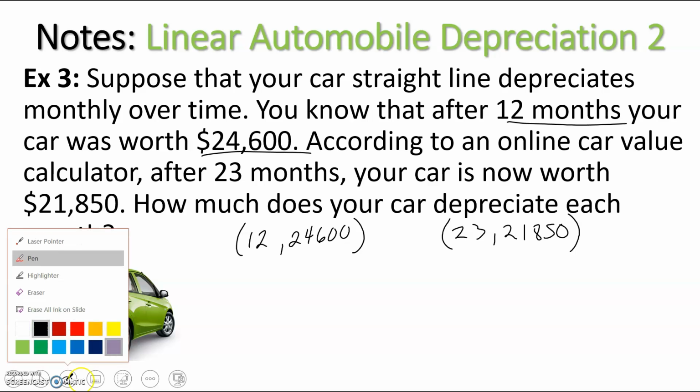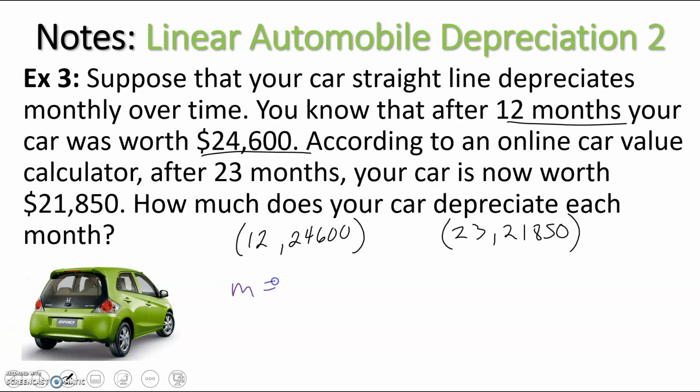Now, if we remember correctly from before, our slope is given by m is equal to y2 minus y1 over x2 minus x1. Remember, slope is just the rate, or how quickly something changes over time. So we're going to be finding out how much it changes in dollars over how much it changes in months.